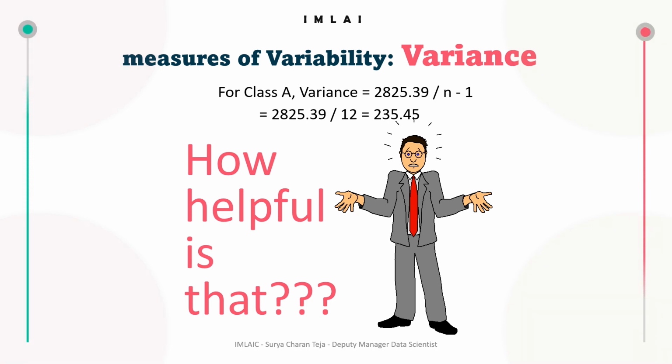For me, it doesn't make much sense. 235.45 has no direct connection with the score values that we have seen earlier. So I'm worried: how does it help me, and how helpful is it?